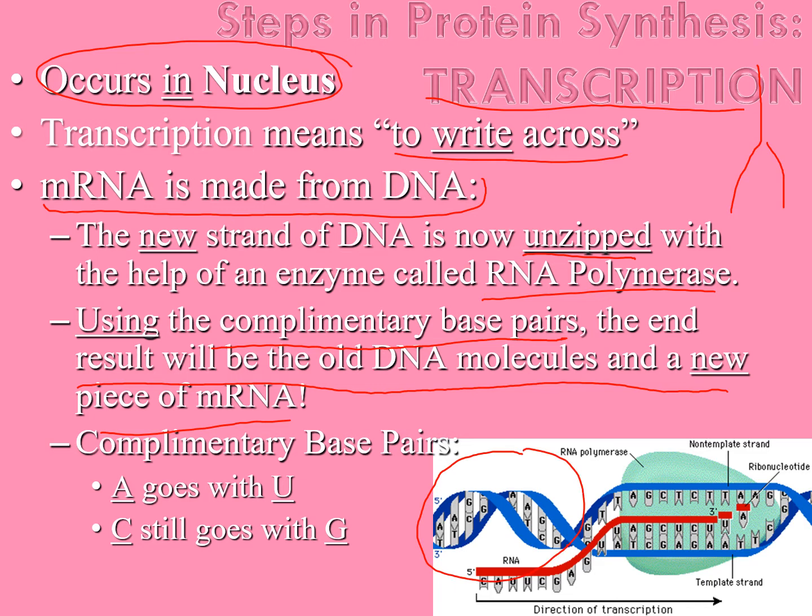It split, unzipped, and went into two pieces. So the RNA slips in and begins to connect. Remember, A goes with U and C goes with G. There's no more T. So transcription means to write. And how do we know what's transcription? Message, because you're going to write a message.